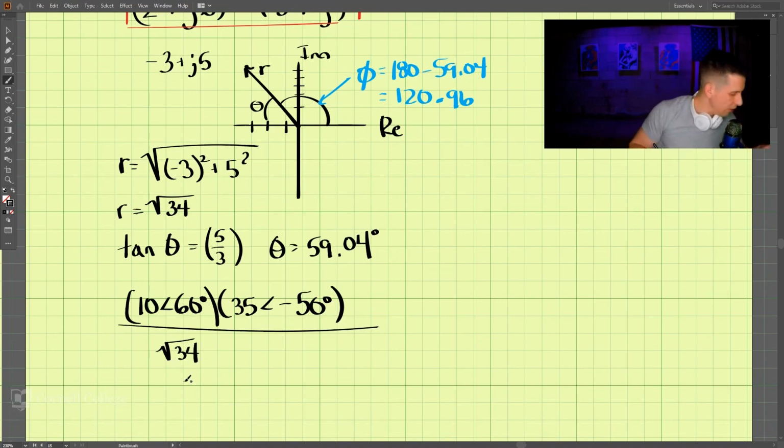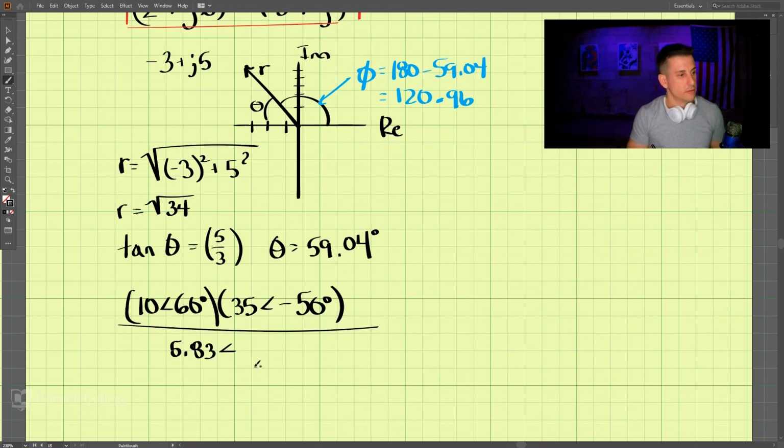And let's just get a value. What is the square root of 34? That's 5.83. So let's just write 5.83 at an angle of 120.96 degrees. So this is our equation.